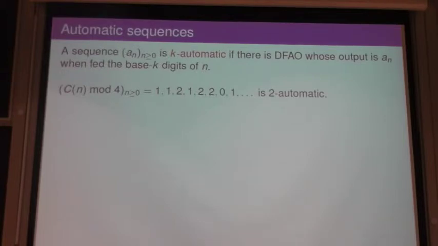And notice that k-automatic sequences are always on finite alphabets because we only have finitely many states, and each state corresponds to some output, so there's only finitely many possible outputs. So you don't tend to look at k-automatic sequences of integers. You tend to look at k-automatic sequences of elements in a finite field or residue classes or something from some finite alphabet.